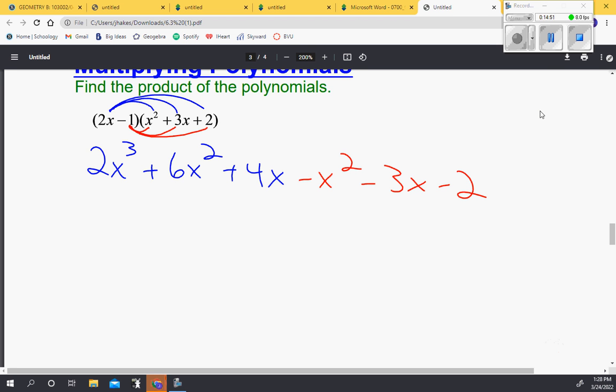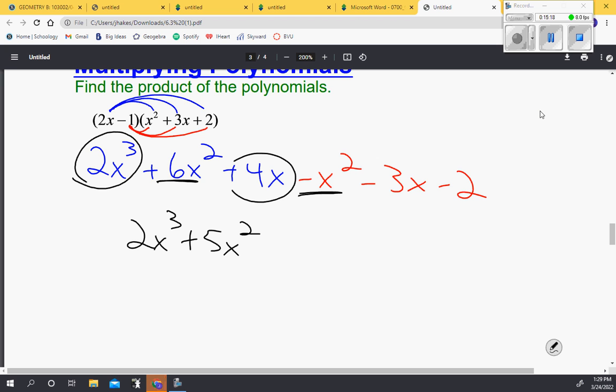Now, not done with this problem yet. We still got to combine like terms. I like to start with my highest degree. 2x to the third. There's nothing else to the third power, so that's alone. We have a 6x squared and a negative x squared. That's positive 5x squared.